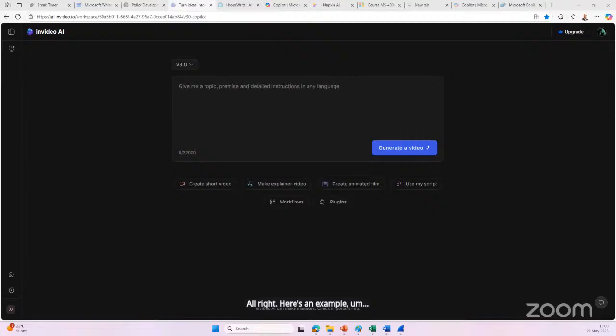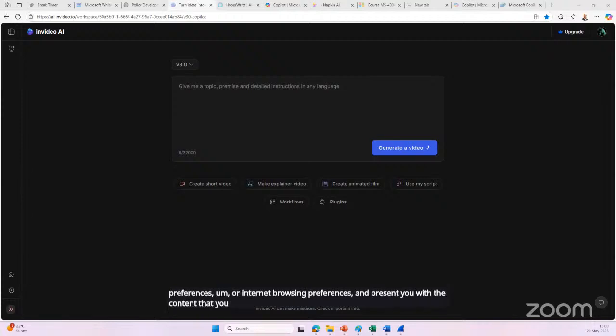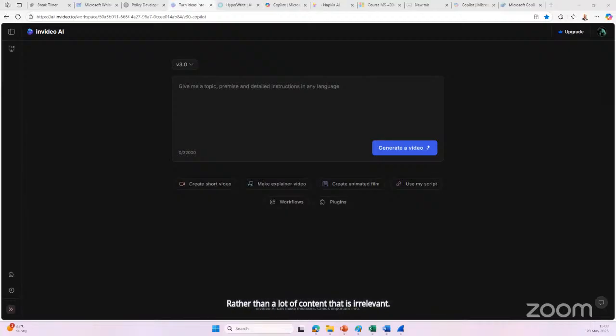Being able to create an assistant or a machine learning algorithm that can better understand viewing preferences or internet browsing preferences and present you with the content that you desire rather than a lot of content that is irrelevant. Okay. So not the answer you're looking for, but the answer I'm comfortable giving.